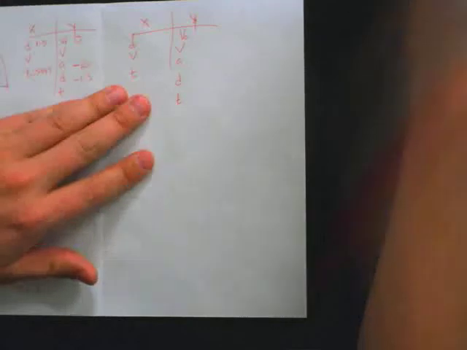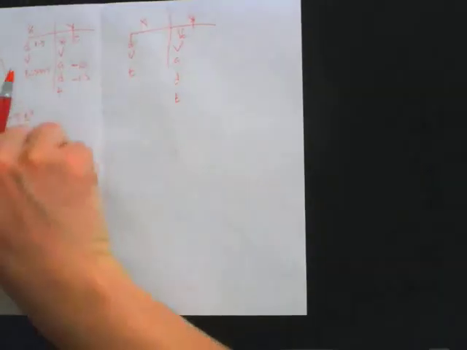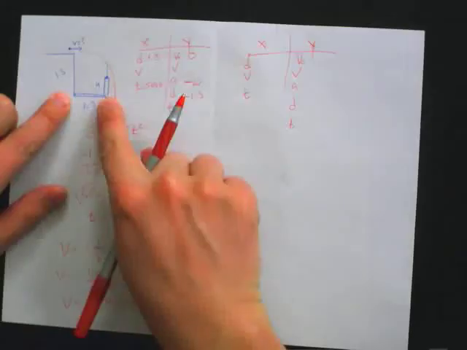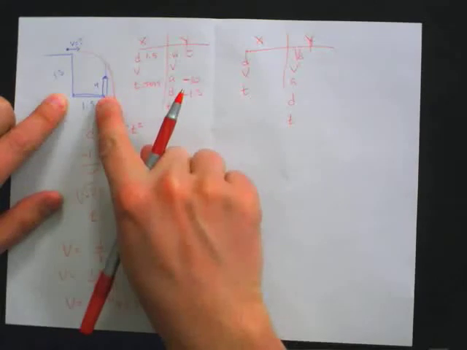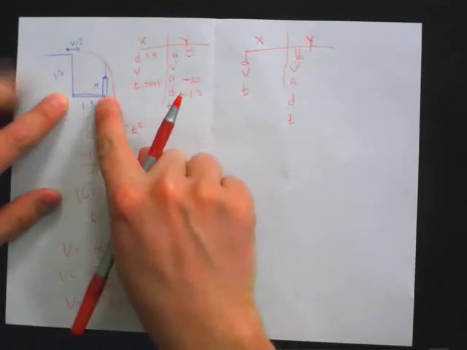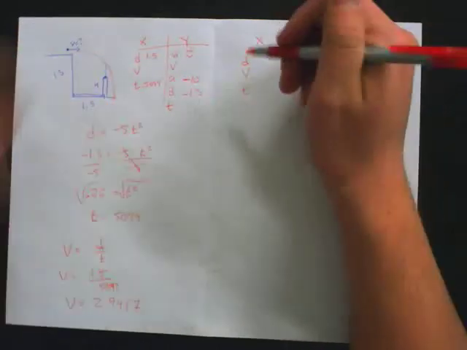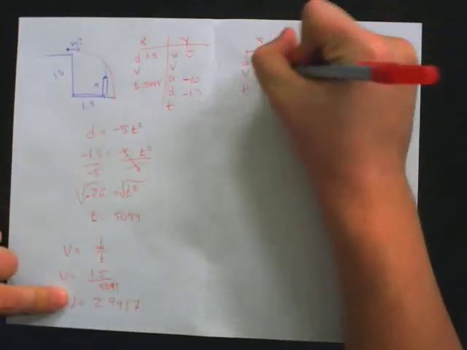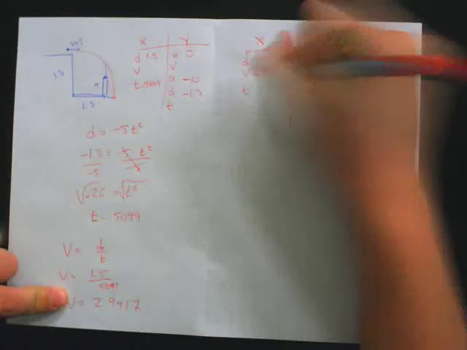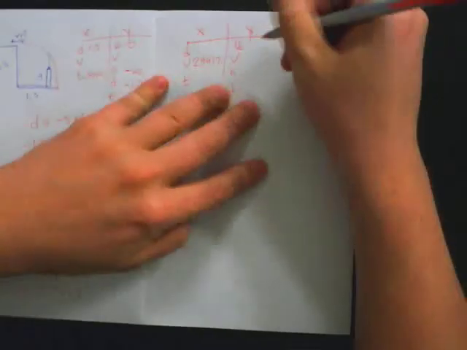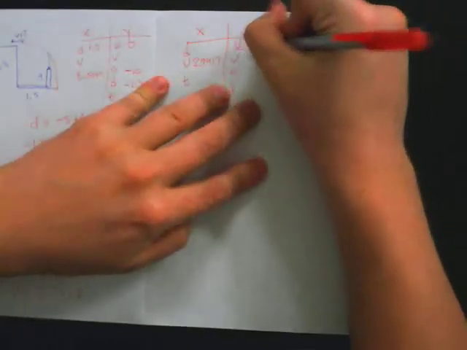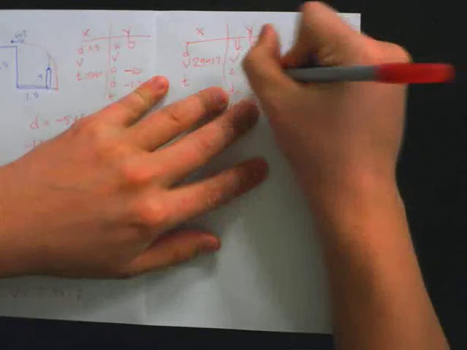So we no longer will travel as far to the left, so we're going to have a different x displacement. We're no longer going to travel the same amount of time, but we will still have the same velocity of 2.9417. Okay? Our V0 is still going to be 0 in the vertical direction. Our A is still going to be -10.